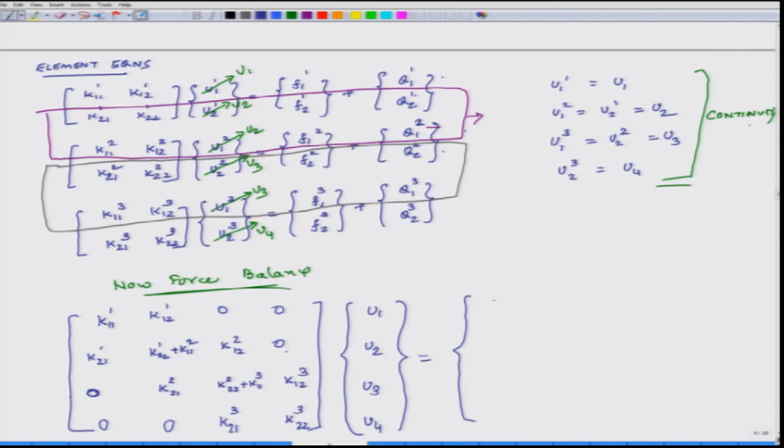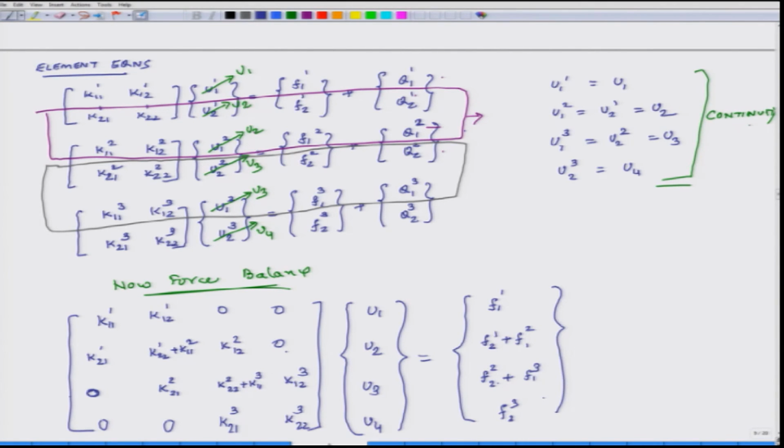The right side is F11, F21 plus F12, and then I have F22 plus F13, and then I have F23.